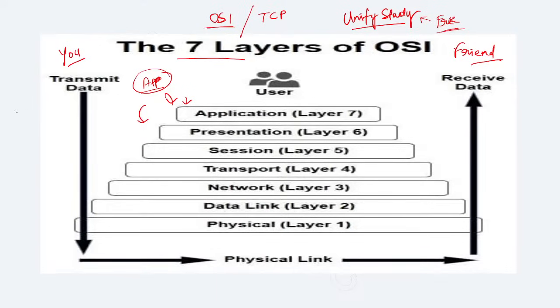You want to send a mail, so whenever you are sending the mail, you are designing the mail template, you are sending images, videos or something. How to present it, that is the task of the presentation layer, where the encoding, decoding, encryption, decryption, everything is going on. Okay. Next thing is coming to the session layer. What is the task of the session layer?